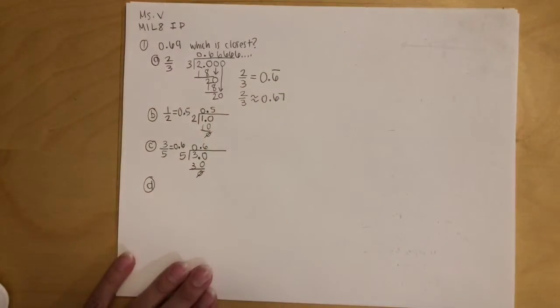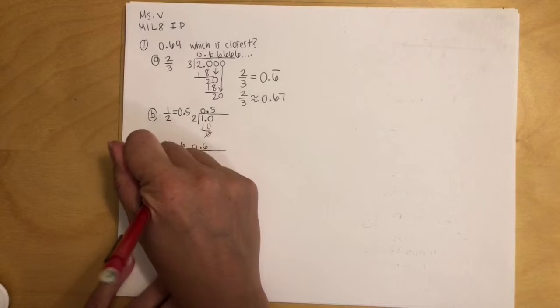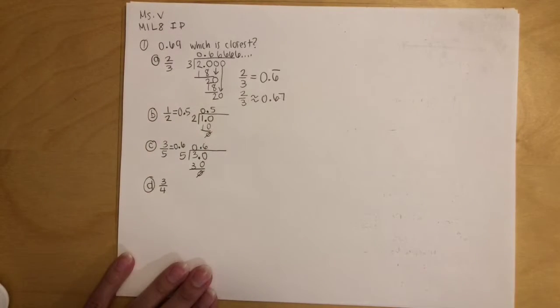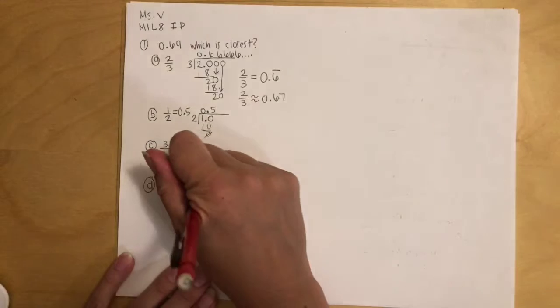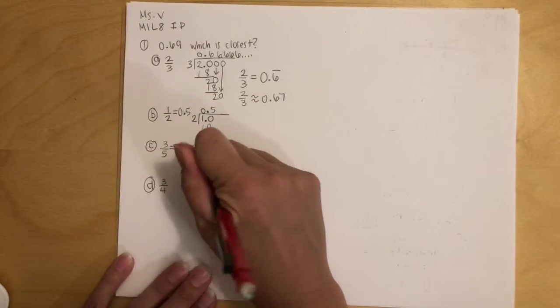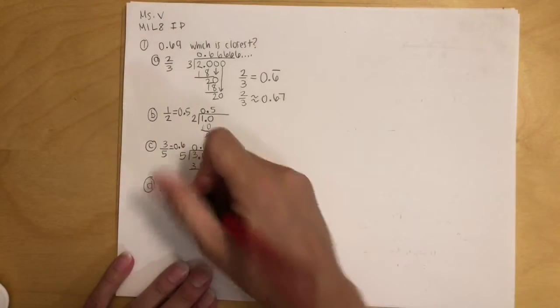Let's look at our last option, 3/4. I do have this one memorized, and we looked at this one on our last homework or our last independent practice. Let's go ahead and do it for anyone who did not watch that video.